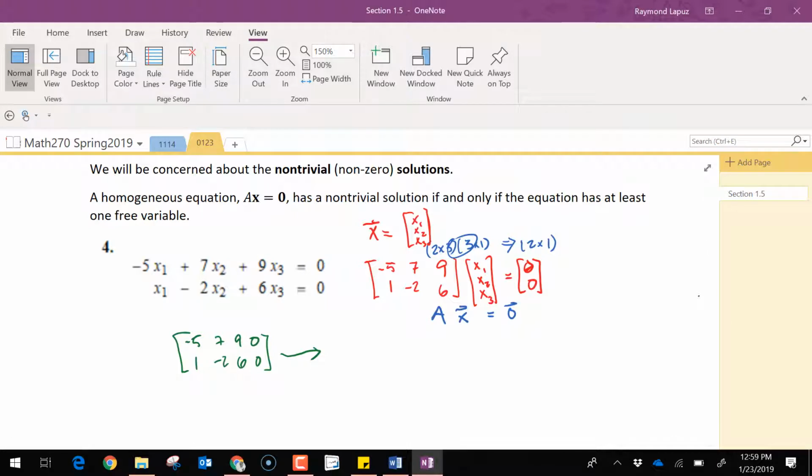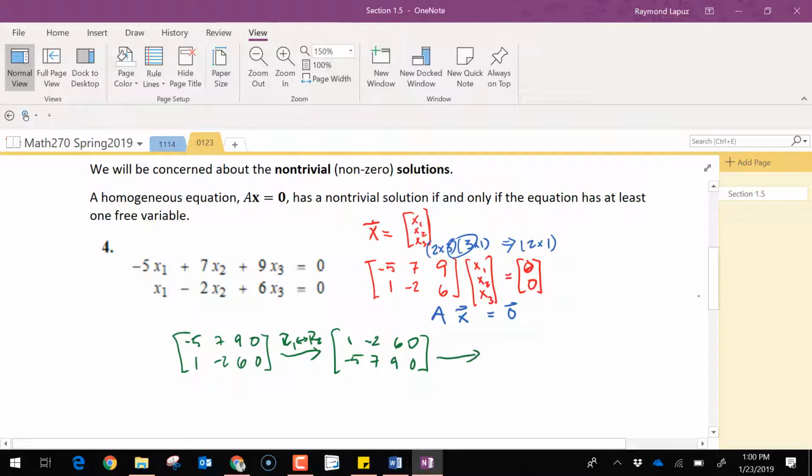I might be interested, it's not necessary, in switching the rows. There's a lot of different ways to get the solutions, but I'll say I want to switch row 1 and row 2 just to make my next step a little bit easier. So 1, minus 2, 6, 0, minus 5, 7, 9, 0.